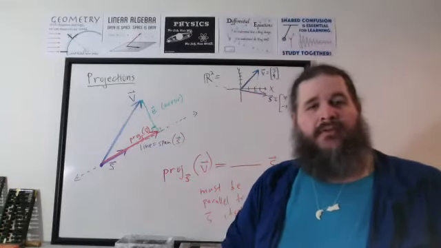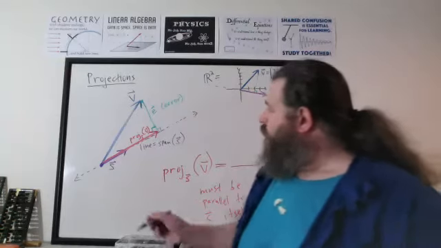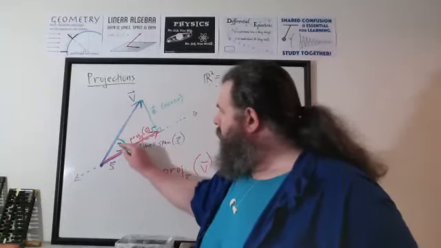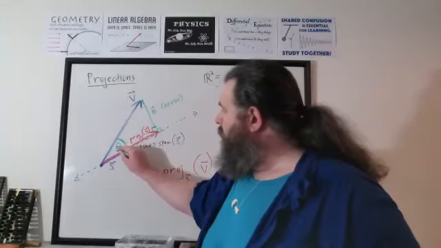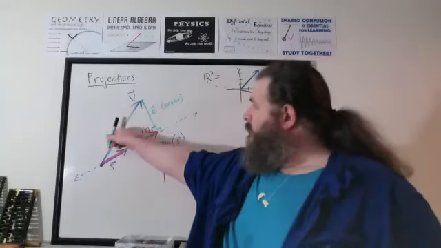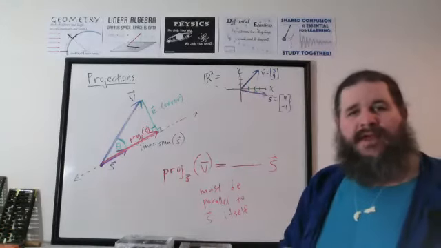So this is going to have to form a right triangle by definition. And if you have a right triangle, let's say we happen to know this angle. Let's call that angle theta. If you know angle theta, how are the original vector and its projection related to each other in terms of size?